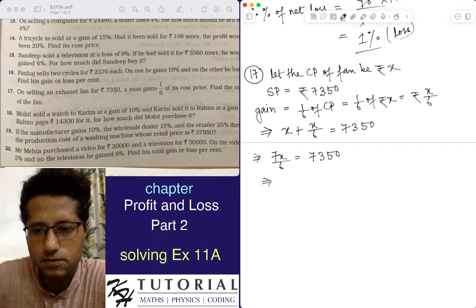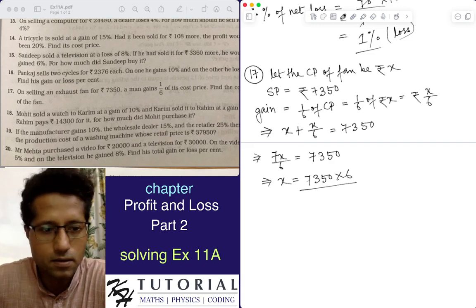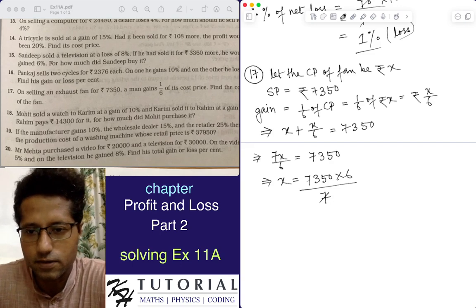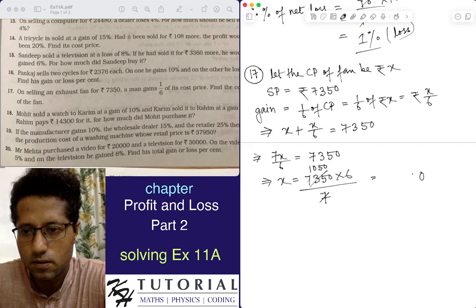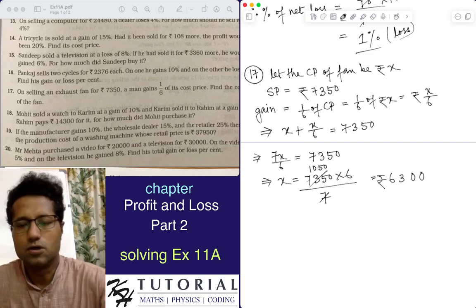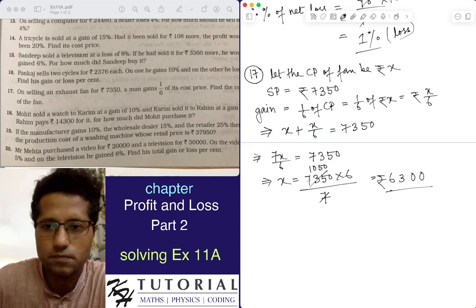So this implies X equals 7350 into 6 divided by 7. So I think 7 will divide 735. Let's see, 1050. So this is 1050 into 6, that is 6300. So X, the cost price of the fan, is rupees 6300.